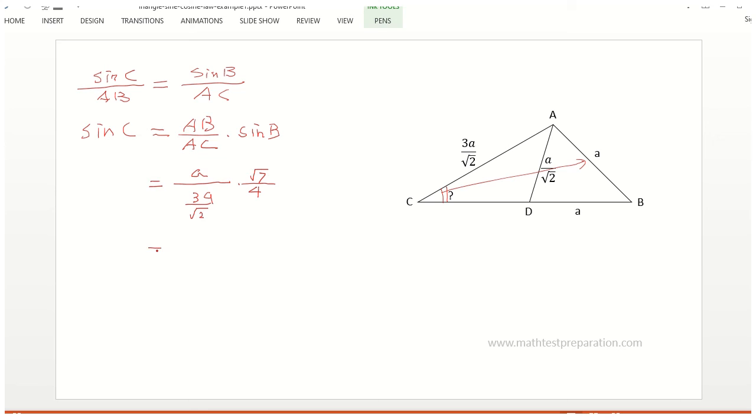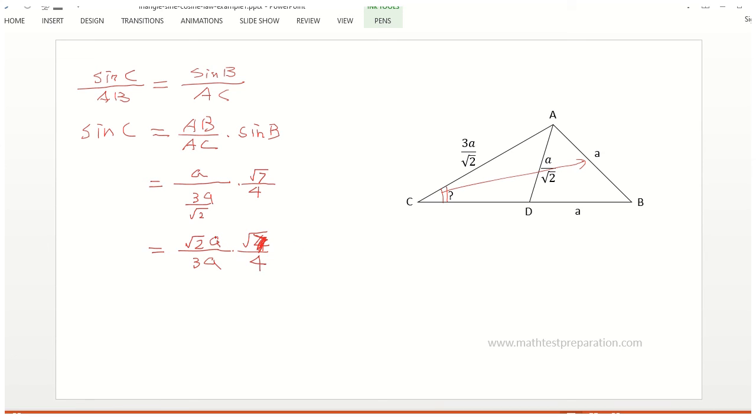So this equals square root 2 times A divided by 3A times square root 7 divided by 4.